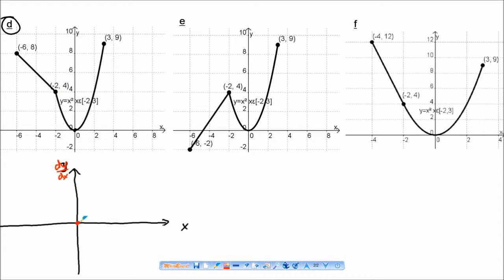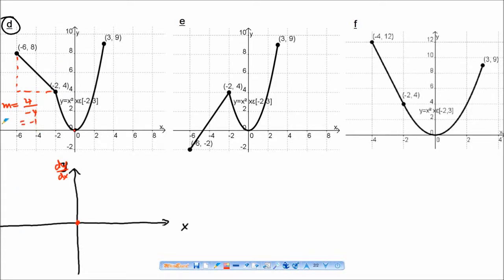Let's mark the turning point first, and let's start from the left hand side. I have a straight line from -6 to -2, and let me calculate the gradient of this line by hand. The gradient will be 4 divided by -4, which is -1.